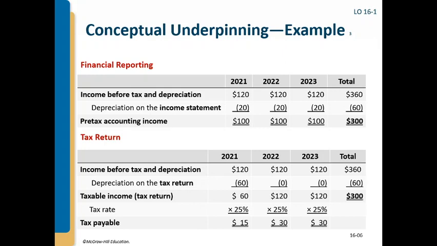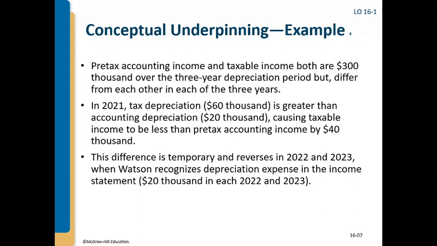All right, so here's the up and down comparison. So notice that pre-tax accounting income and taxable income are both $300,000 over this 3-year depreciation period, but differ in their timing in each of those 3 years.